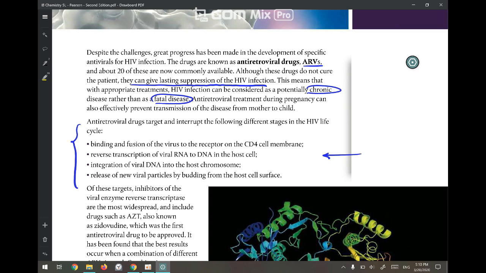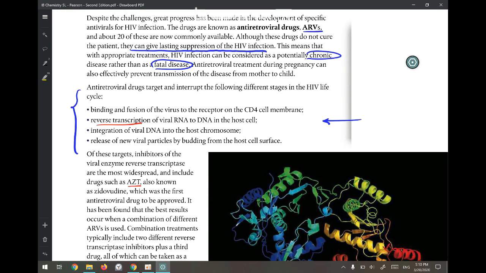Among these types of antiretroviral drugs, reverse transcriptase inhibitors are the most common. The famous one is called AZT or zidovudine. Zidovudine is a reverse transcriptase inhibitor.